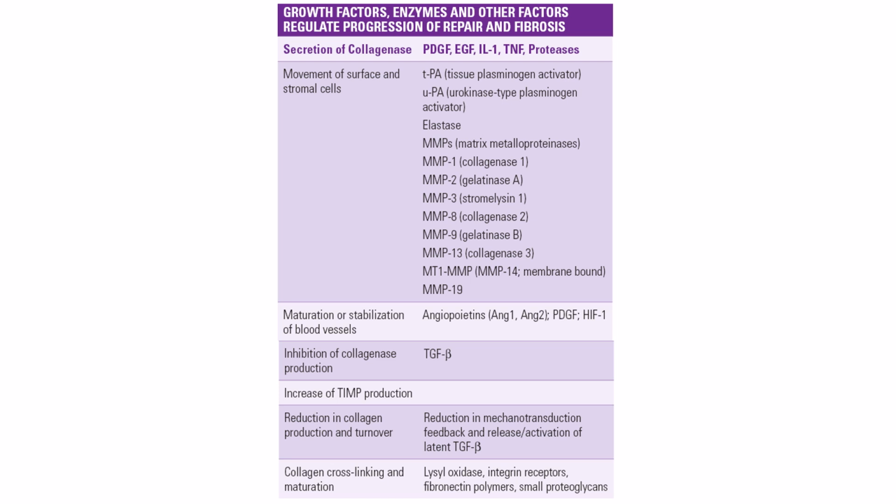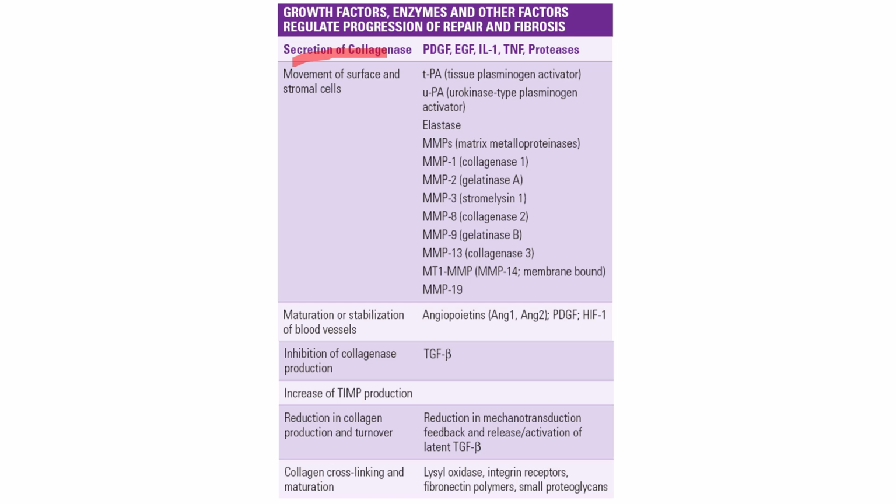So the factors that are responsible for secretion of collagenases are platelet-derived growth factor, epidermal growth factor, interleukin-1, TNF proteases, and they promote the secretion of collagen degradation enzyme, that is collagenase.